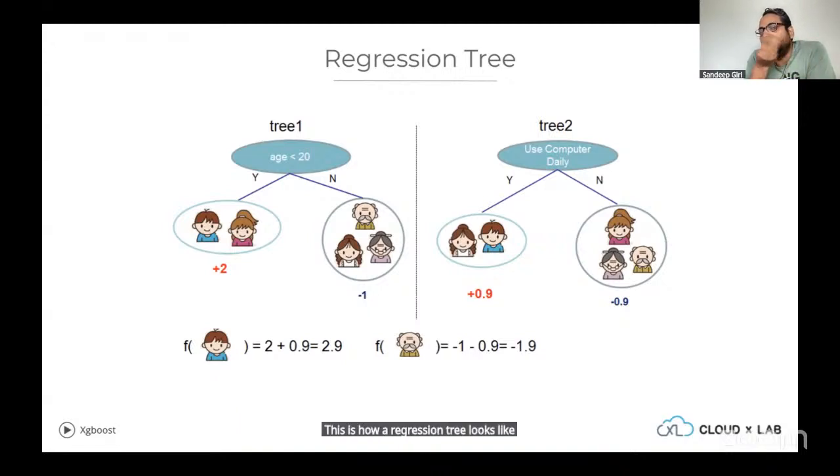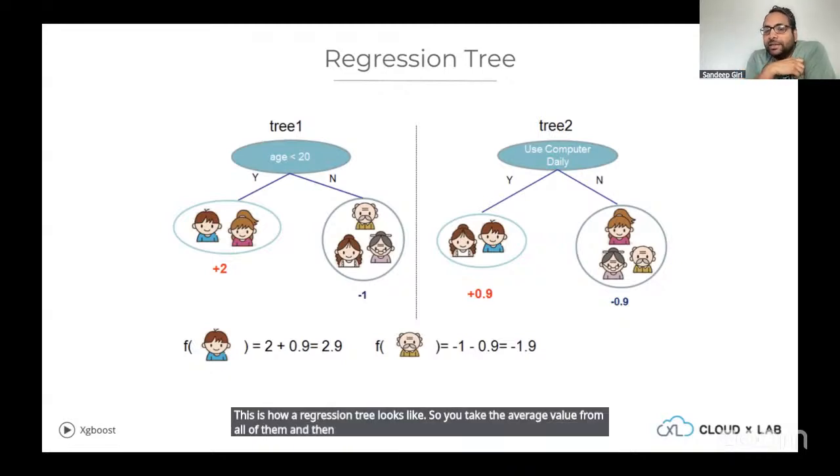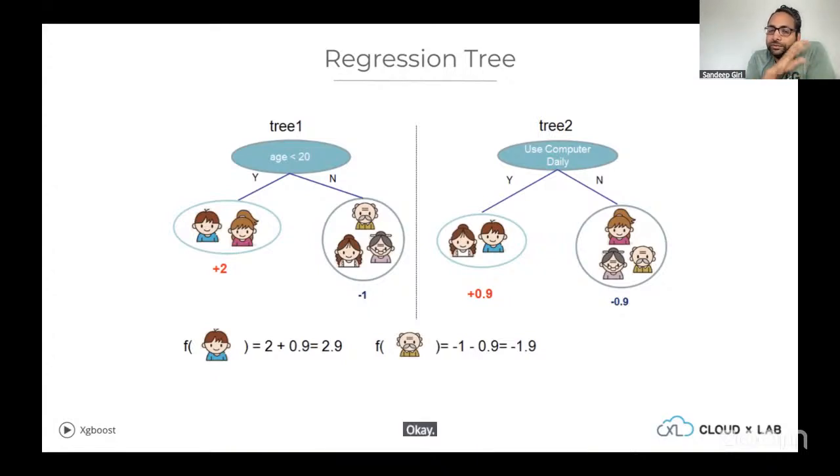So you take the average value from all of them and then you basically sum it up. Or you can say that you take an average of the values. Let's just stay there. Is everybody okay with this?